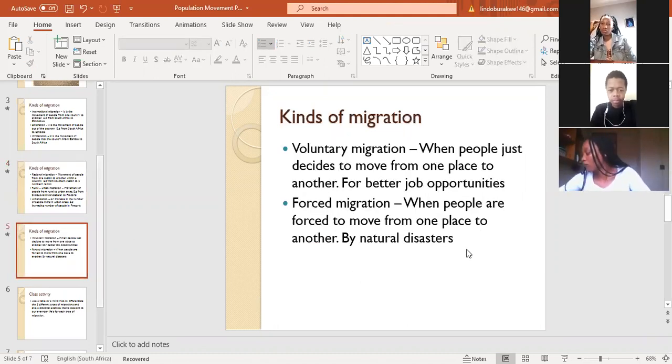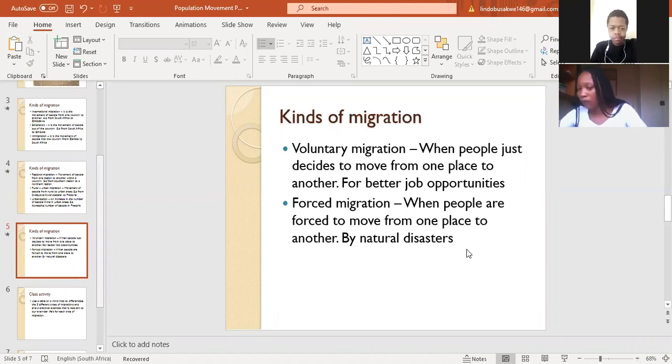And then we also have the last two key concepts of migration. We have voluntary migration. When we talk about voluntary migration, we're talking about when people just decide to move from one place to another. It means that people are not pushed by anything. They just decide to move.